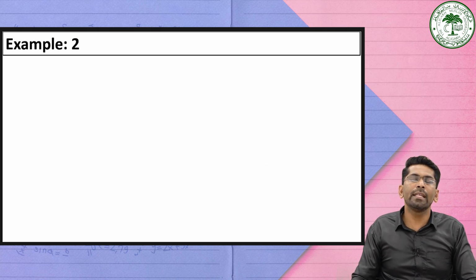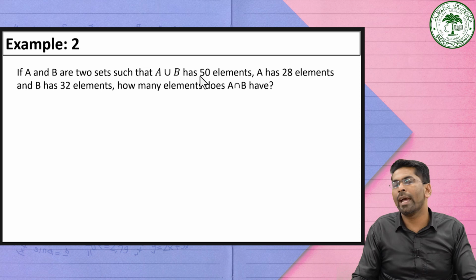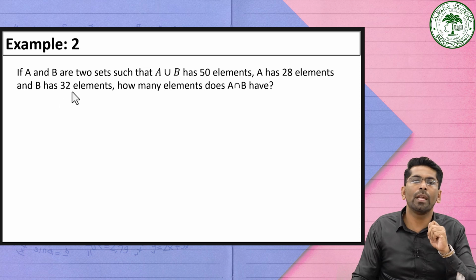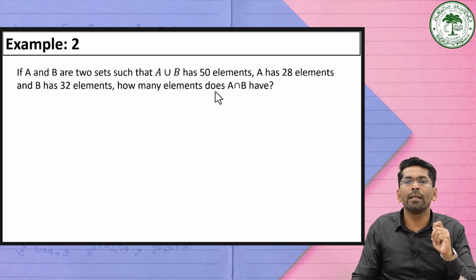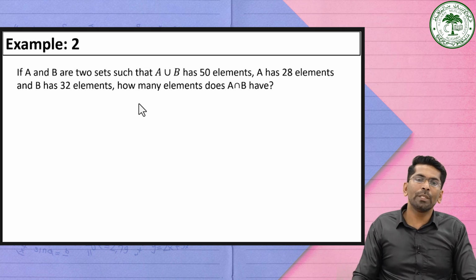Now consider another example. If A and B are two sets such that A union B has 50 elements, A has 28 elements and B has 32 elements, how many elements does A intersection B have? What information is given here?